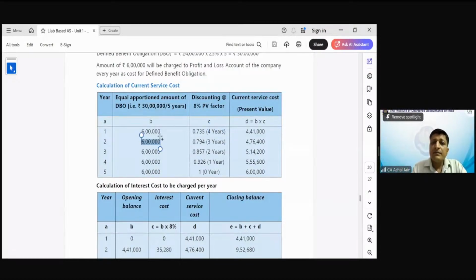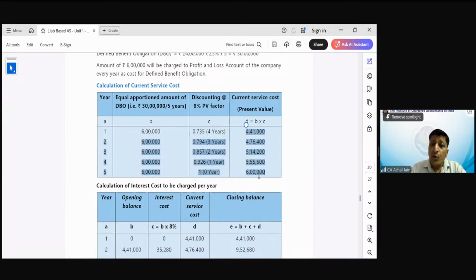Second year end, you will discount for 3 years. Third year end, you will discount for 2 years. So each year, the service cost which you have is the present value of the 6 lakhs on the basis of this calculation.